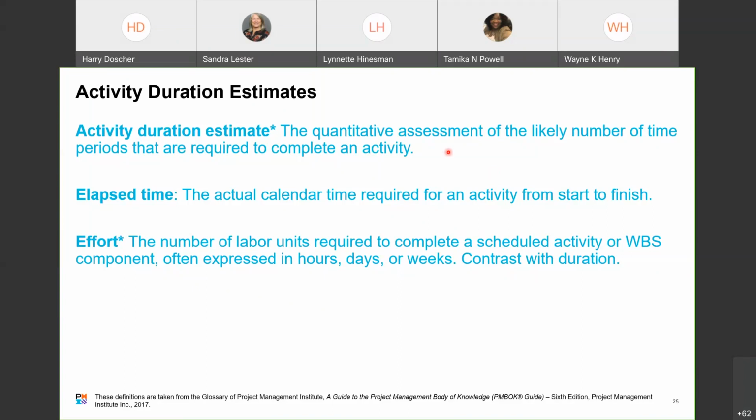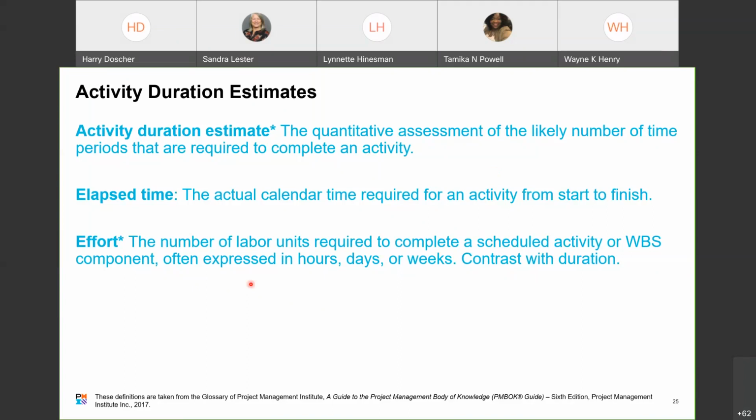Duration only accounts for the total number of days required or total number of time periods. Effort is the number of time periods multiplied by the total effort in each of those time periods.